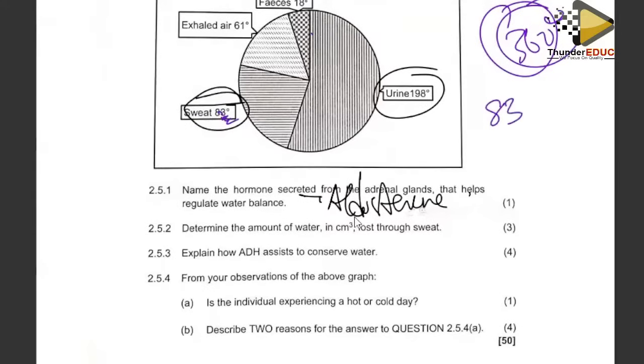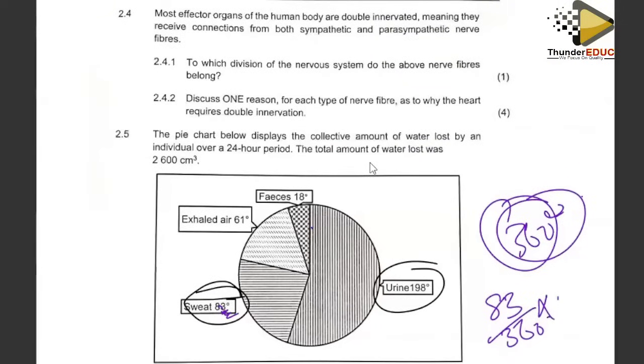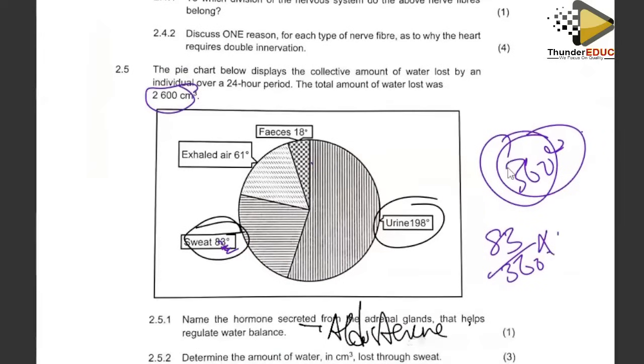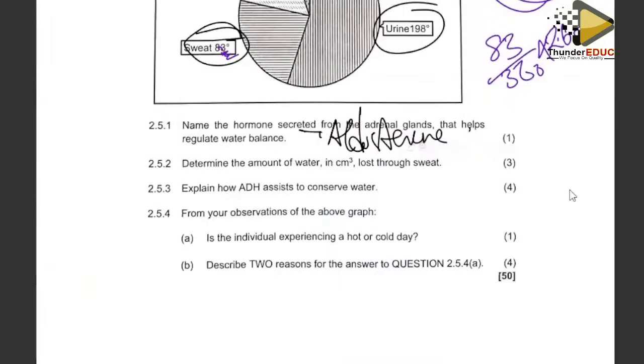So it is 83 over 360 times the total amount of water being lost, which they say is 2,600 cubic centimeters. When I calculate, I get 599.44 cubic centimeters.